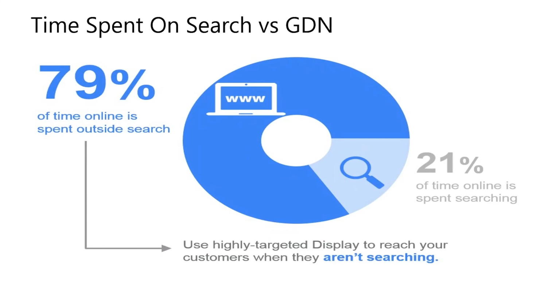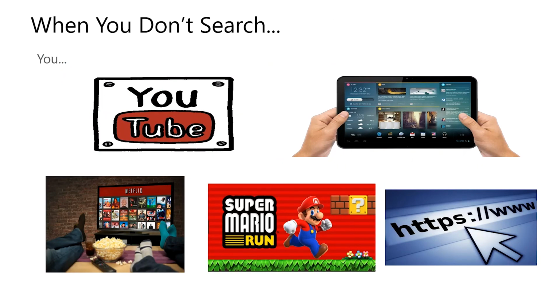And why is GDN important? It's because 79% of the time people are spending online is on research, as opposed to spending time searching for something on Google, right? So with display ads, when your audience is not searching online, you could still target these audiences wherever they are on one of the sites as a part of the Google Display Network.